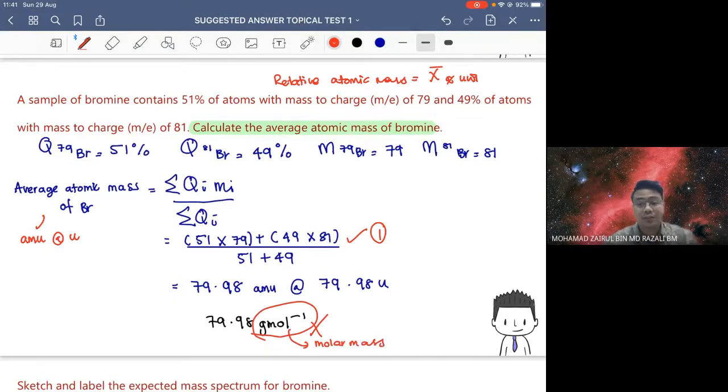Value dia akan sama, tapi unit dia berbeza. Unit tu yang menunjukkan kita tengah measure apa. Kalau tak ada unit, dia adalah relative atomic mass. Kalau ada unit sebagai AMU atau U, dia adalah average atomic mass. Kalau dia tanya molar mass, unit dia baru adalah gram per mol. So jawapan awak betul, awak akan dapat lagi 1 markah.